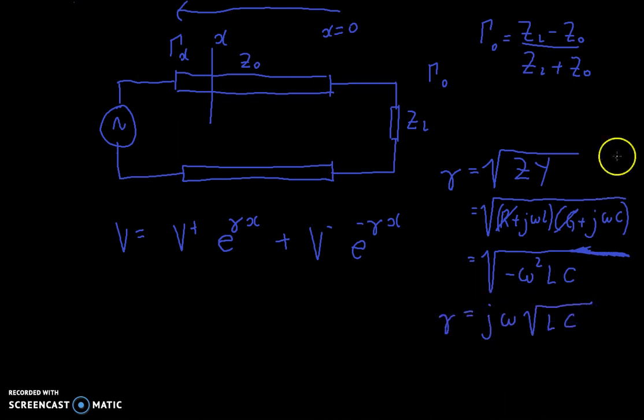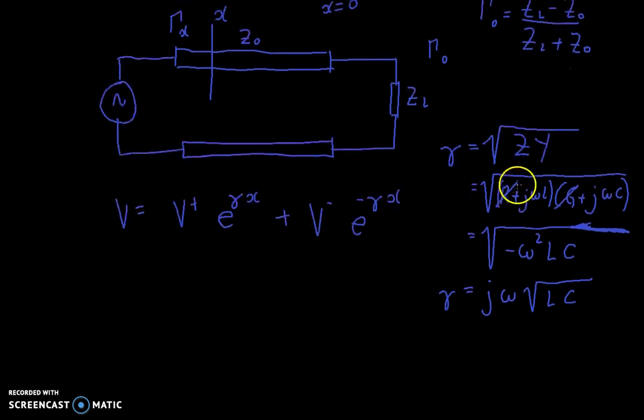So this is gamma. We see here that if the line is lossless, if there are no resistances, then this parameter gamma is purely imaginary. Now, gamma can have an imaginary part and a real part. If the line is not lossless, then it will have a real part. What does having a real part mean? If you look at this exponential here, first let me write gamma is equal to alpha plus j times beta.